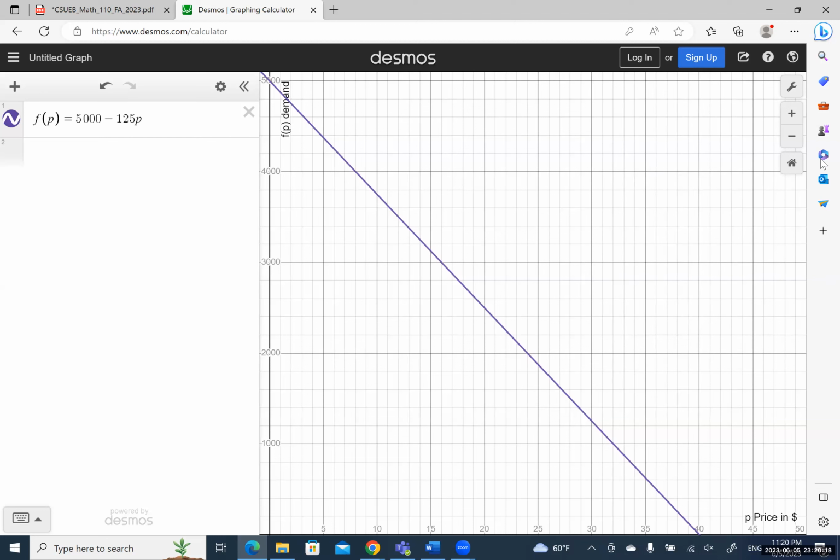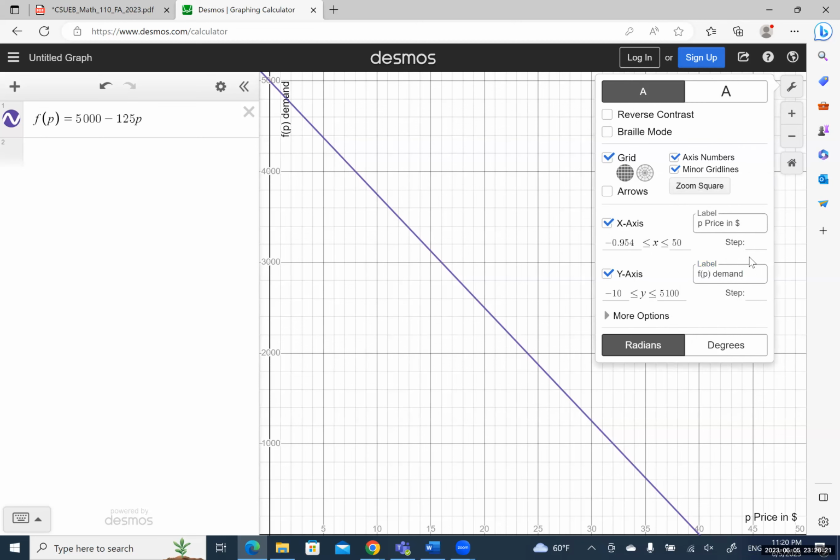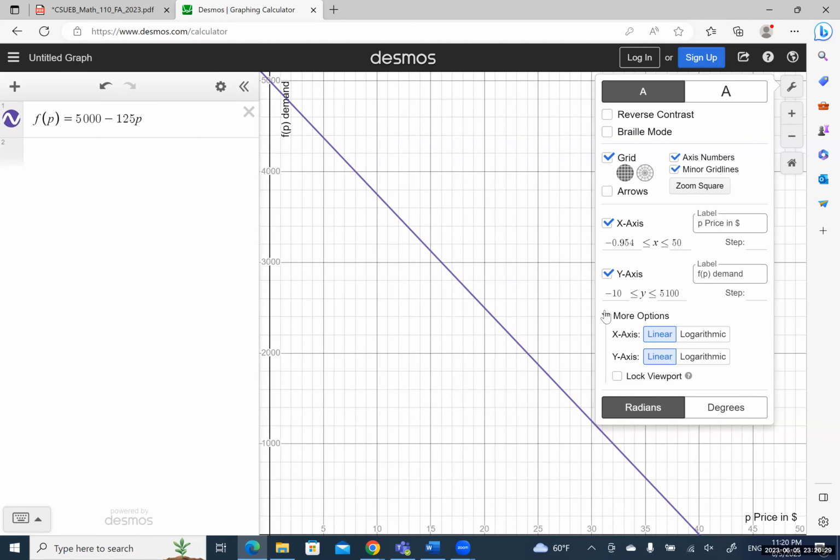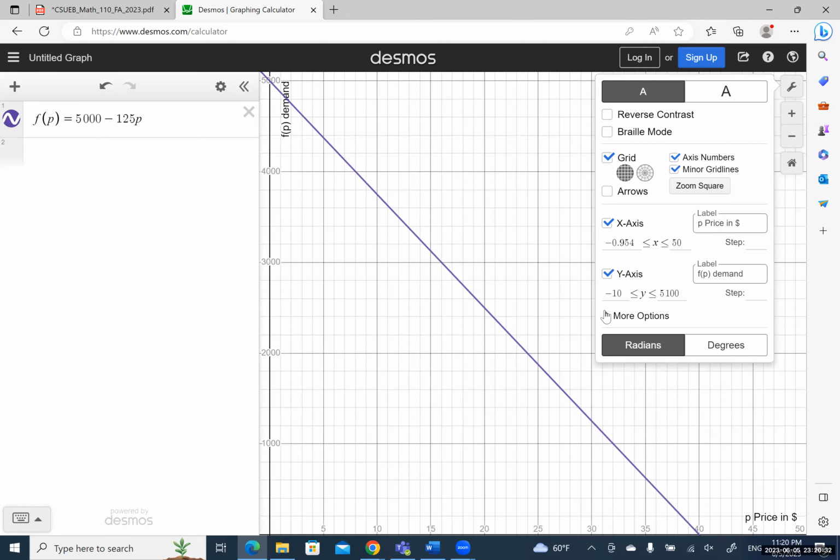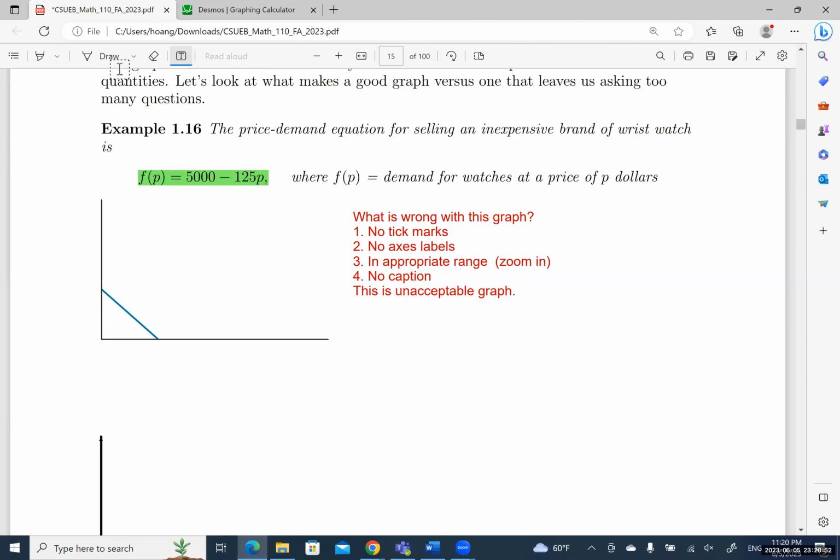The last thing is a caption, and I'm not sure if this one has a caption for us. I don't think so. In the dashboard, it doesn't give us a chance to write the titles, but basically you can copy this picture and put it into a file and show the boss, right?